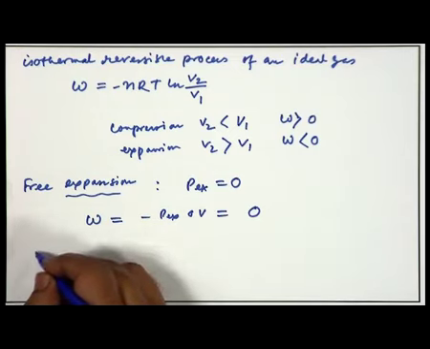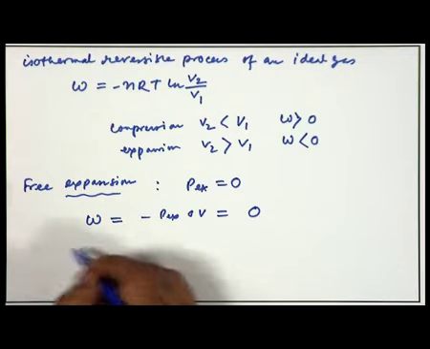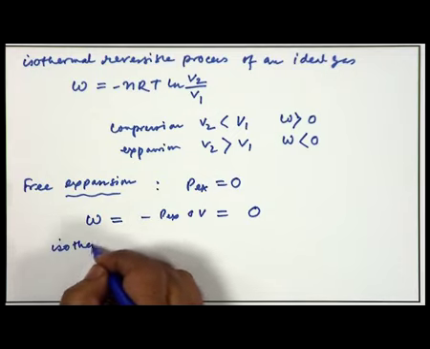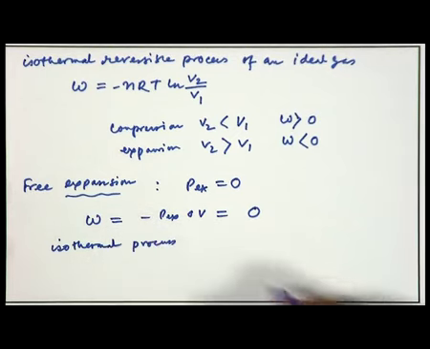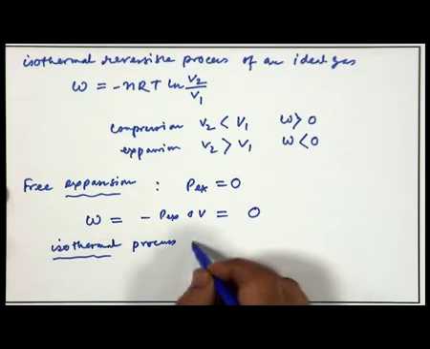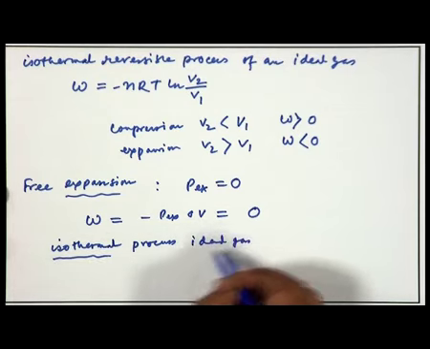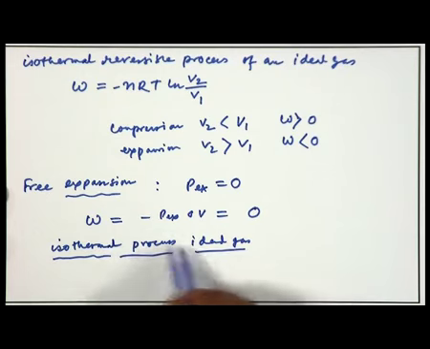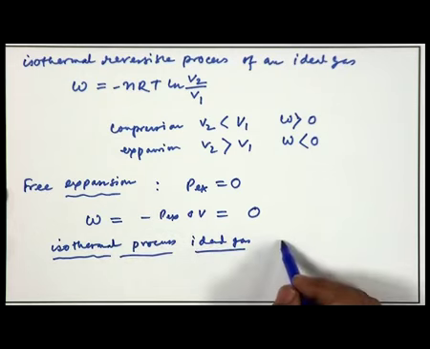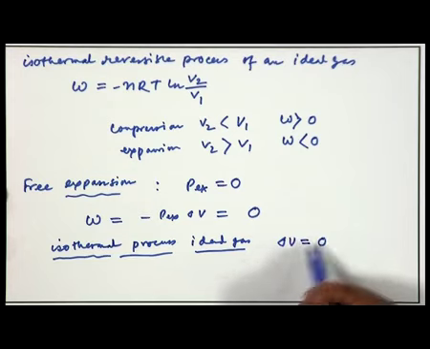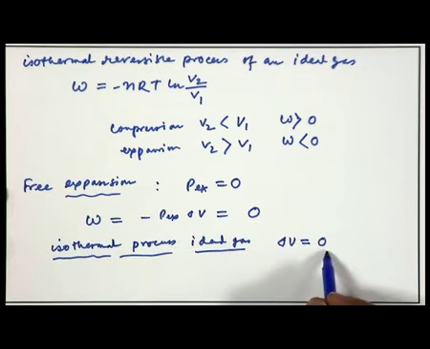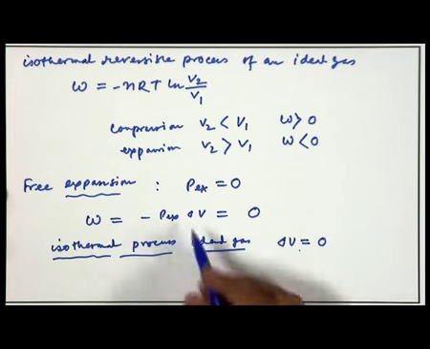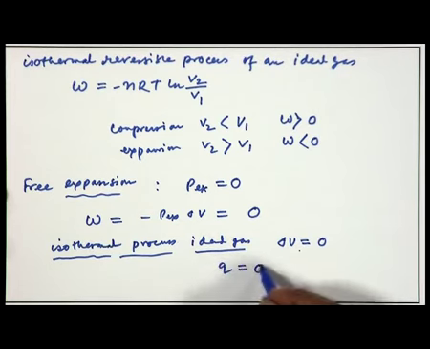Now if we do it in an isothermal process, any isothermal process for an ideal gas, as I discussed at length, del U should be equal to 0. Again, isothermal process, ideal gas, del U will be 0. Now, if del U is 0 and W is 0, then Q is also 0.